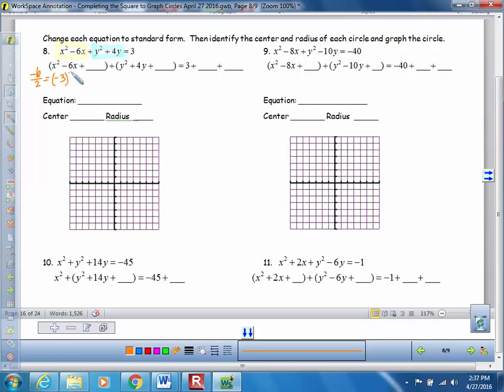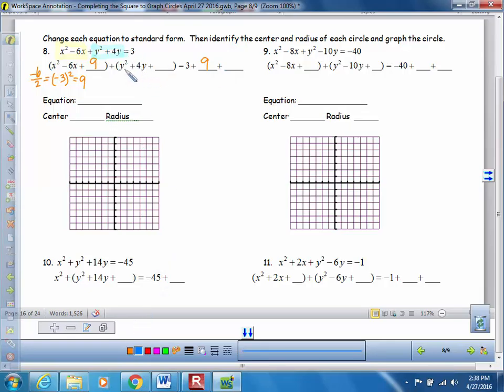Then I would square that negative 3, and it would give me 9. So I completed that square, so 9 goes there. Now, if I put 9 on the left-hand side, I also have to do the same thing on the right-hand side to make it fair. So we would add 9 on this side of the equal sign.